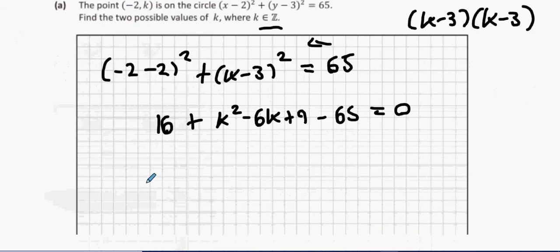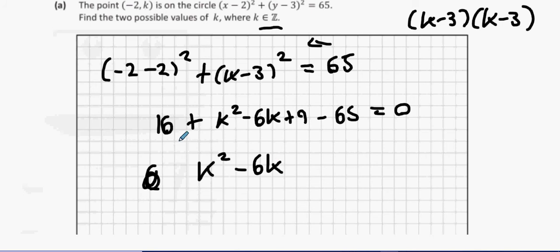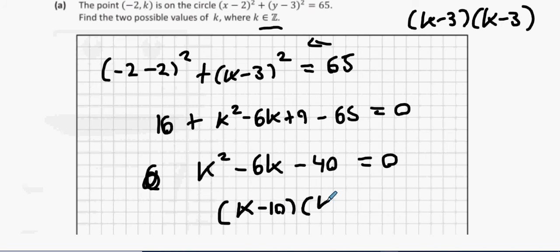And what we can get here is an equation which is k squared minus 6k, 25 take away 65, which I hope is minus 40, and then we'll find out what do we get? (k minus 10)(k plus 4) equals 0.